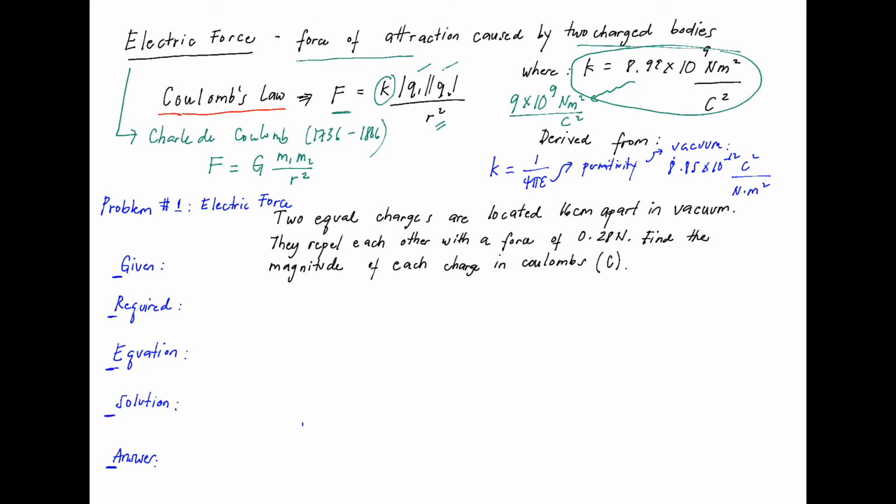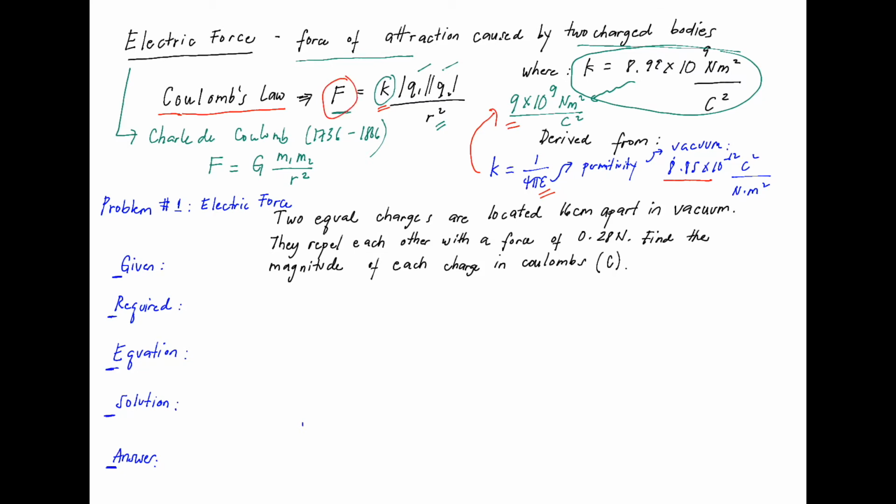So plugging in this value of 8.85 times 10 raised to negative 12 with the value of epsilon here, we now have our constant, which is 9 times 10 raised to 9 Newton meter square over coulomb square. And once we're using this value of K, we use this constant. We have to keep in mind that we are computing for the electric force.